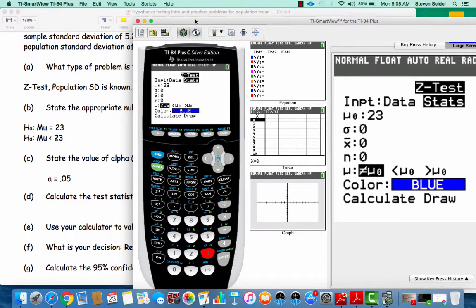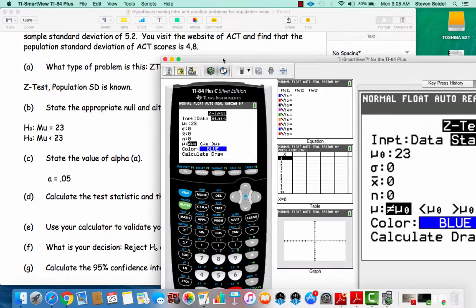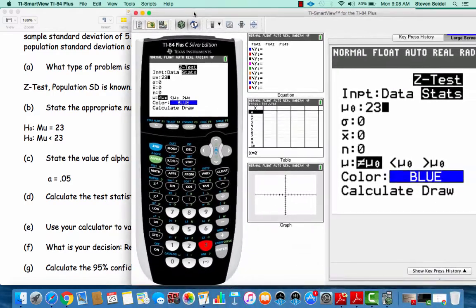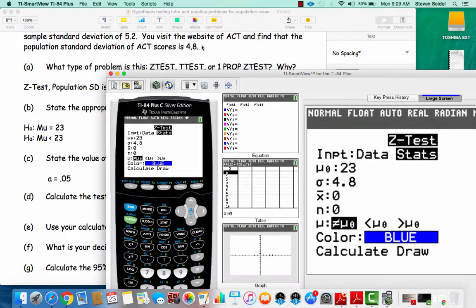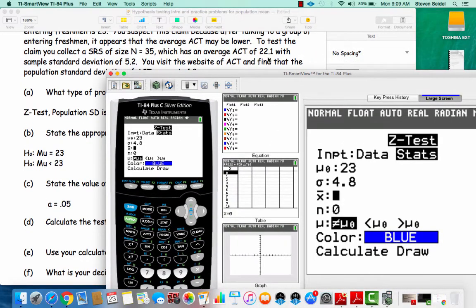Let me move the calculator out of the way. The population standard deviation was 4.8, so I'm going to write 4.8 here. X bar, our sample mean, is 22.1. That came from our simple random sample, and that was from a sample size of 35.